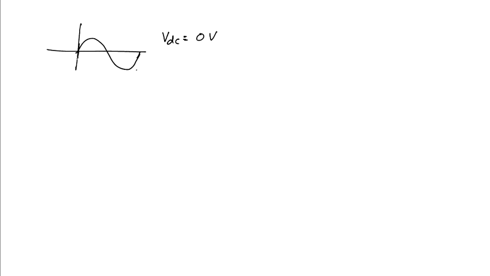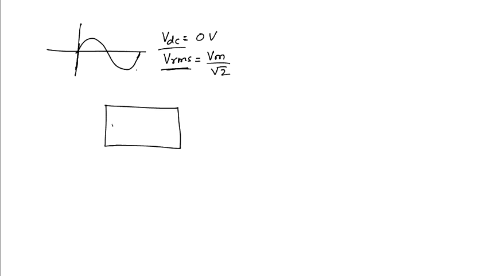For this sinusoidal waveform we know that its RMS value is defined as Vrms equal to Vm by root 2. This value is associated with the AC part of the waveform, and this is the DC value of the waveform. Now suppose we have a rectifier circuit.